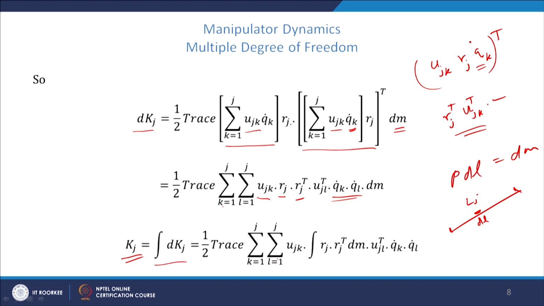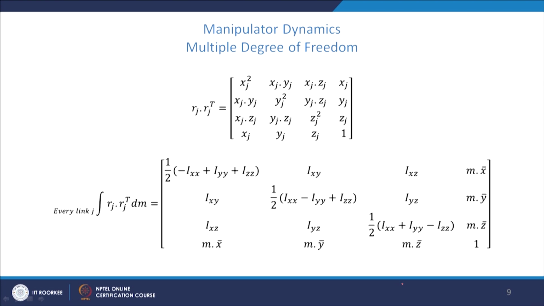So the same formula can be integrated. The integration is effective only on this Rj and Rj transpose, because Rj is the vector in the jth coordinate frame, which is a constant vector. Similarly, Rj transpose is a constant vector. We multiply these two and then integrate from 0 to the length of the particular link.